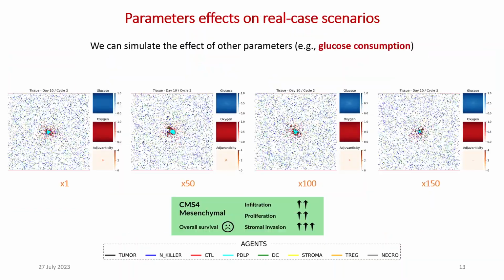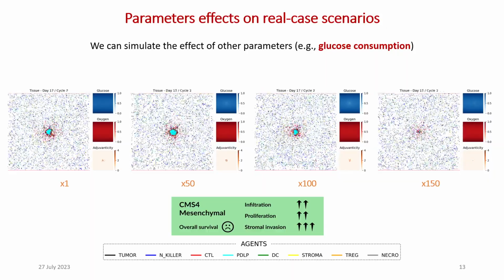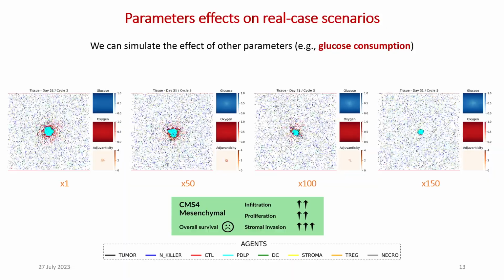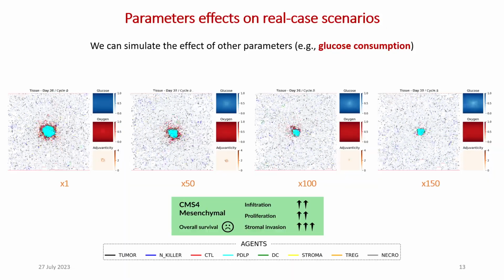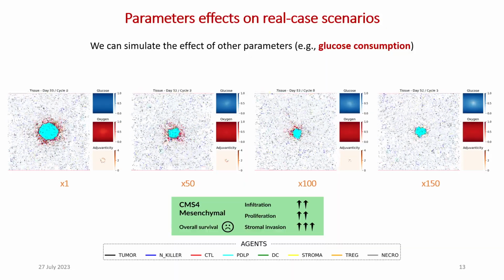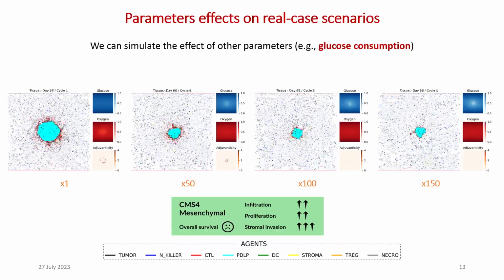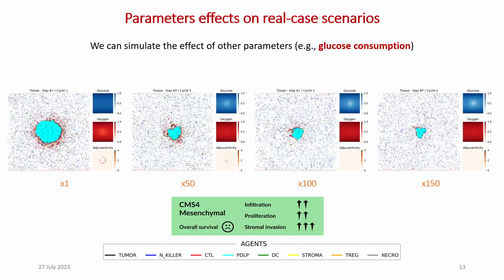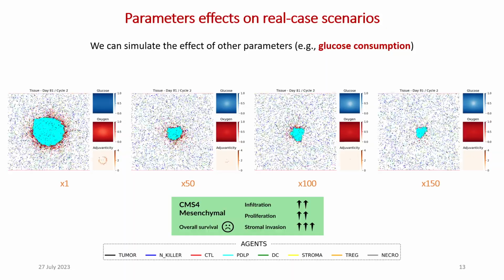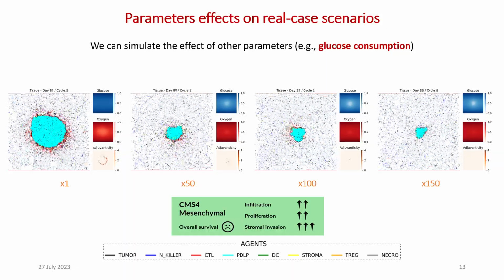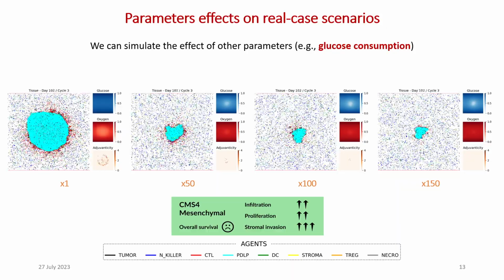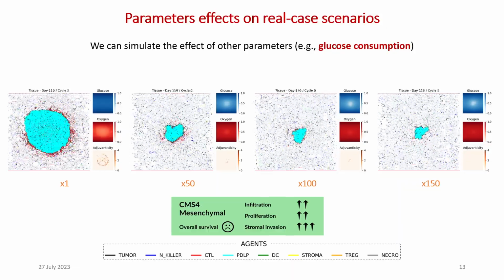Then, in order to observe emerging properties of the TME in different CMS settings, we simulate the effect of other parameters. In particular, now we are seeing how the change in the glucose consumption from the default up to 150-fold in the CMS4 produces different kinds of simulations.